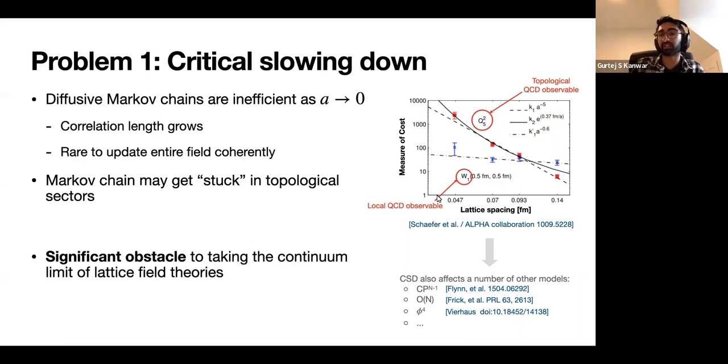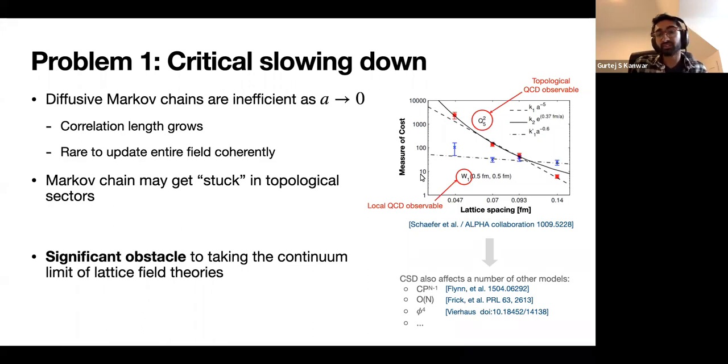And so, especially in the case of exponentially diverging costs, which is empirically consistent with topological freezing, it's necessary then to invest exponentially more computational time to get the same statistics. And since the continuum limit is, of course, necessary to remove any sort of systematic effects, at least extrapolating to it, the closer we can get in terms of the actual calculations we do, the less that systematic error is.